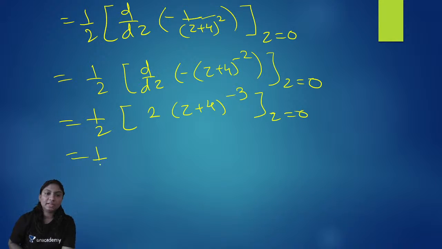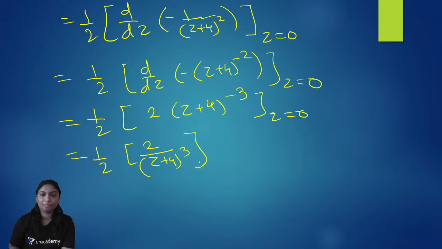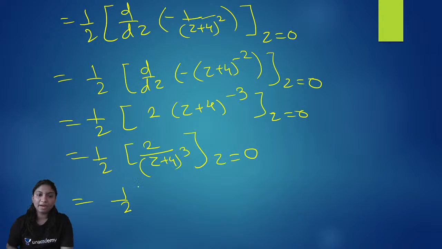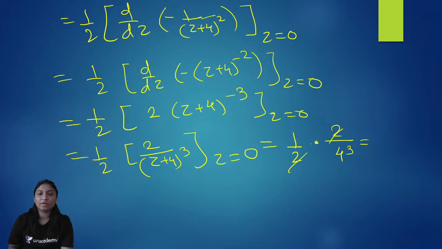We get 1 by 2 into 2 upon z plus 4 cube. The 2 gets cancelled. Put z is equal to 0 and we get 1 upon 4 cube, that is 1 upon 64.